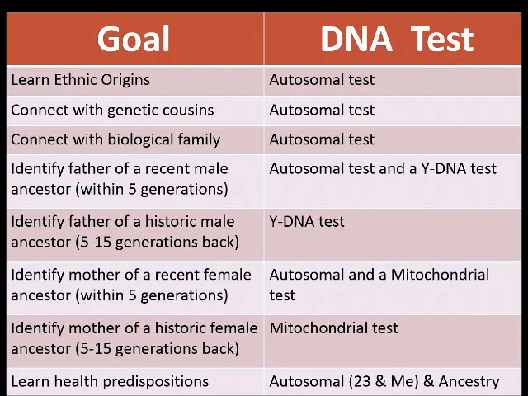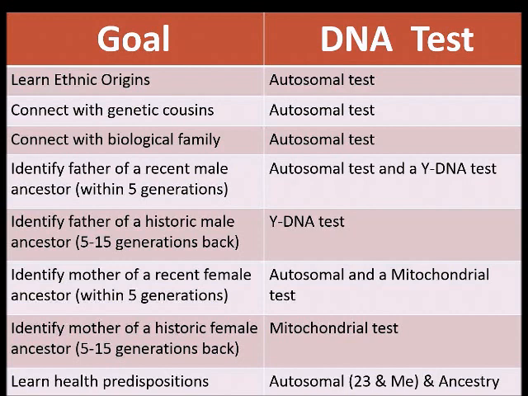To connect with a biological family if you are an adoptee, autosomal. To identify the father of a recent male ancestor within 5 generations, you would do both an autosomal and a Y-DNA test. To identify the father of an historic male ancestor more than 5 generations back, you have to do a Y-DNA.